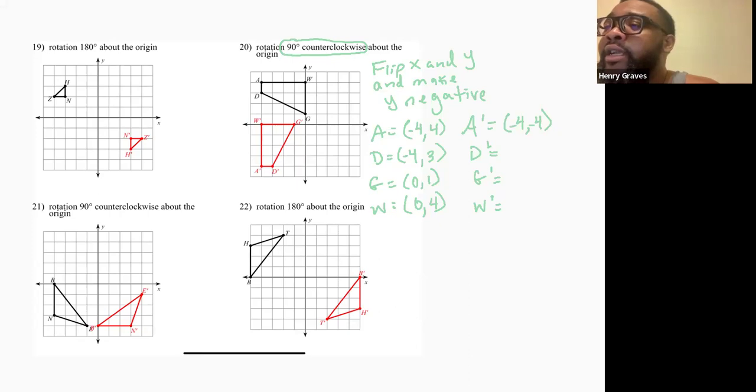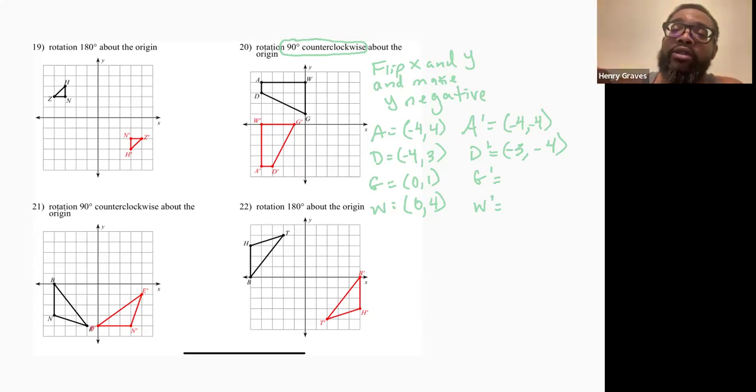Now for D, it went from -4, 3, so I'm going to 3, -4, but I'm going to make that -3 because I have to make the X negative.